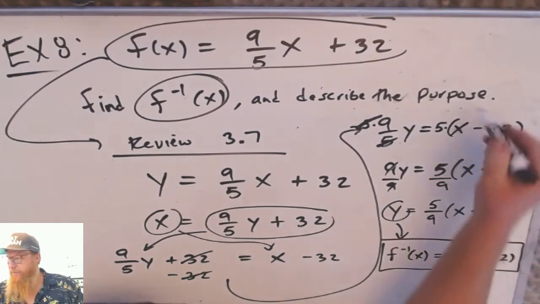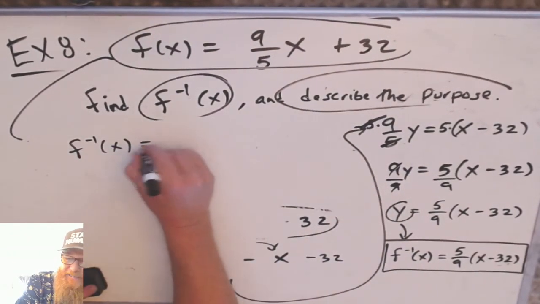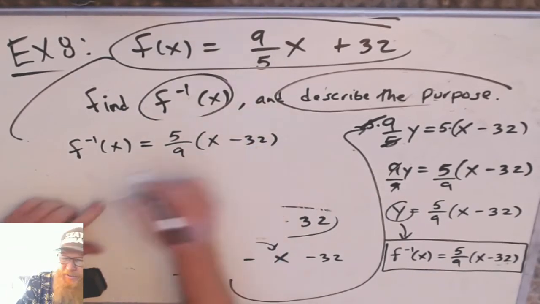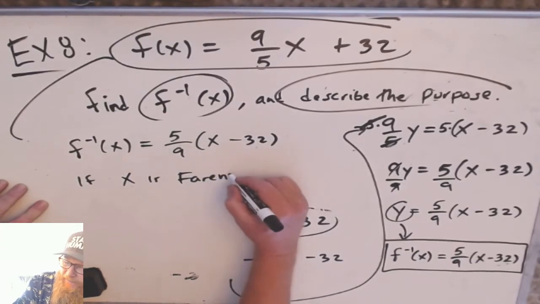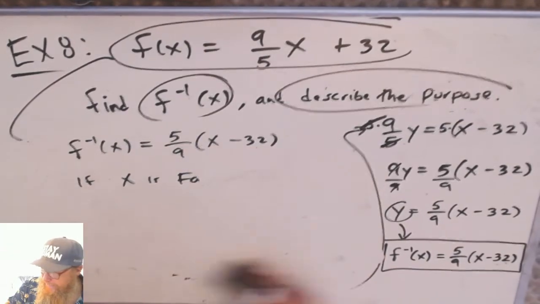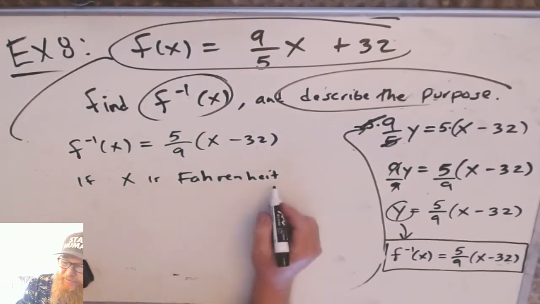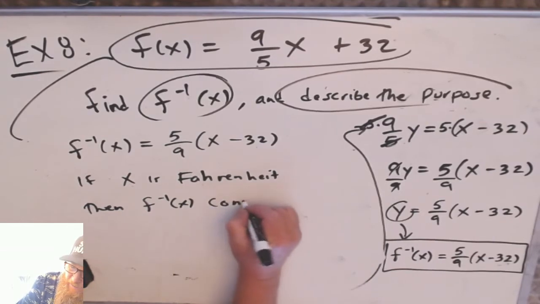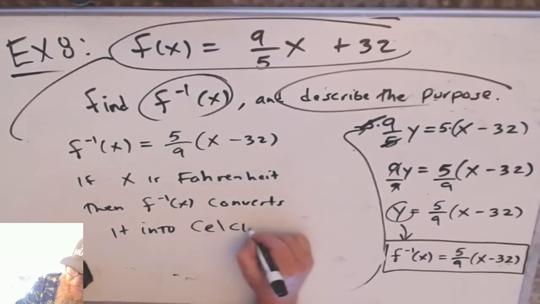Okay, so there's your inverse function. What's the purpose? f inverse of x is 5/9 times (x minus 32). If x is Fahrenheit, I spelled it wrong again, Fahrenheit. If x is Fahrenheit, then f inverse of x converts it into Celsius.